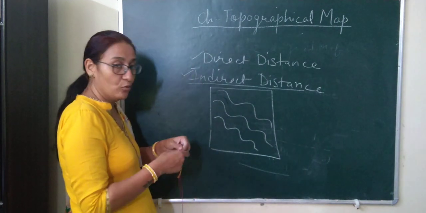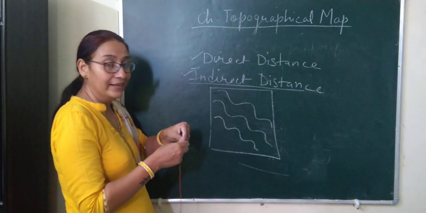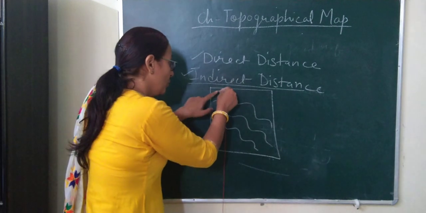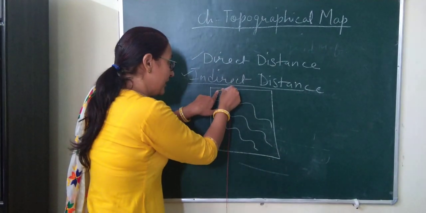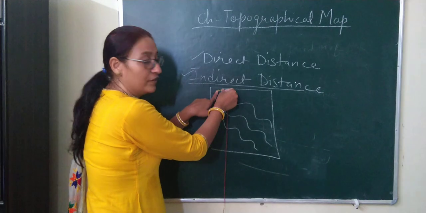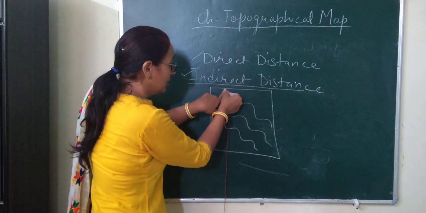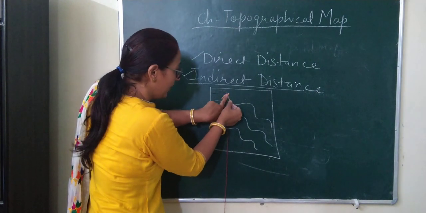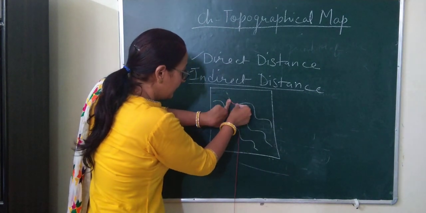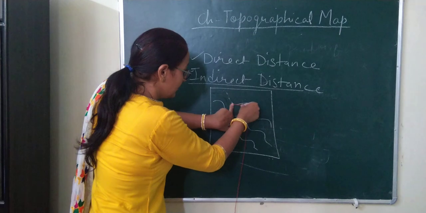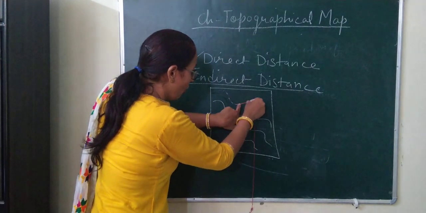So we have to take a thread and keep it at one end of this curved river, and we have to adjust the thread along the curve of the river in this way, along all the curves.